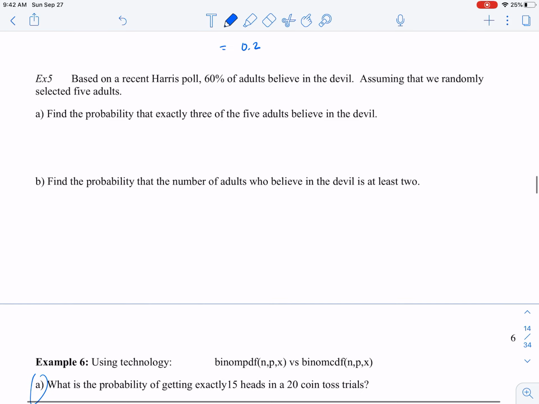Based on a recent Harris poll, 60% of adults believe in the devil. Assuming that we randomly selected 5 adults, find the probability that exactly 3 out of 5 believe in the devil. So we're going to say, what is the probability of x equal to 3 out of 5 that believe in the devil, using nCx, P to the x, Q to the n minus x.